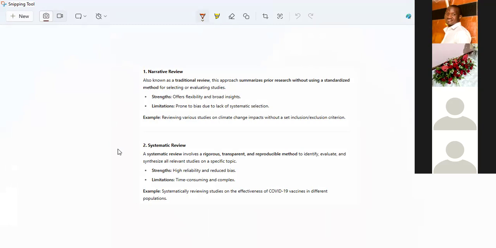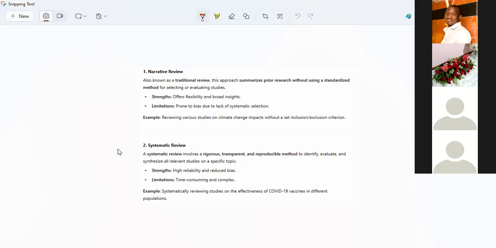So here, the narrative review is one where we're going to review various studies on climate change and how they impact climate without selecting a criterion or exclusion. You're just narrating, okay?